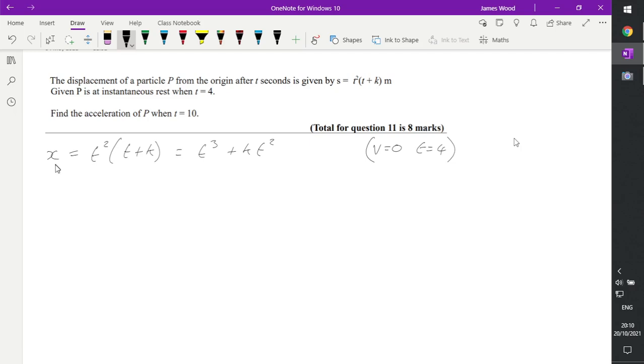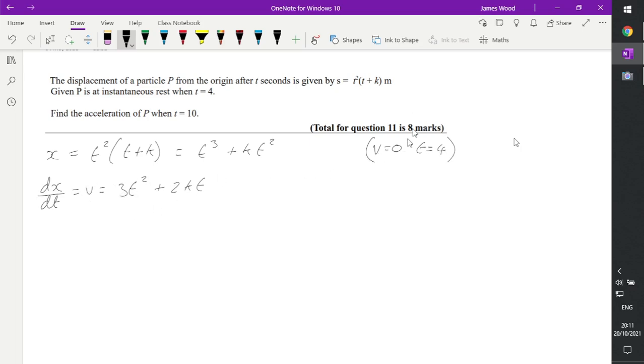Well, the first thing we can work out, we can go from displacement to velocity by differentiating. So dx by dt, the rate of change of displacement, is your velocity. So I'm going to differentiate this. That'll give me 3t squared plus 2kt. So that's my expression for velocity. And now I know that when t is 4, v is 0.